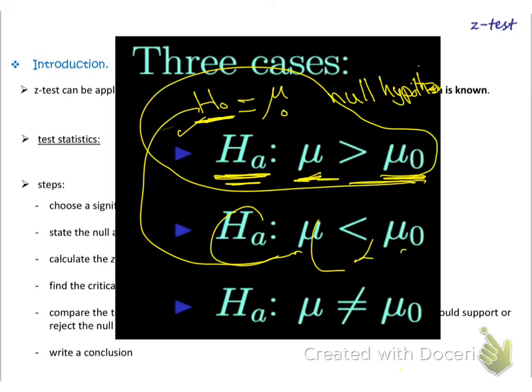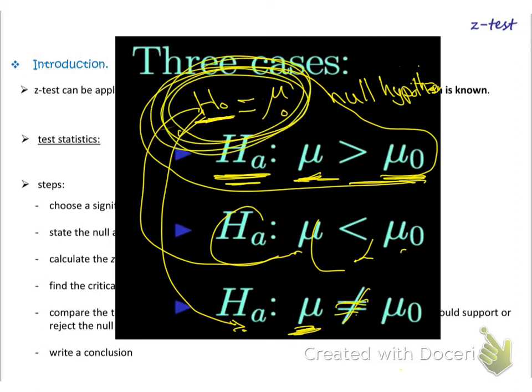In this case, my alternative hypothesis would be that mu is not equal to mu naught. It is not greater, not less, but not equal. So it depends on the null hypothesis; from it we can decide what the alternative hypothesis is.